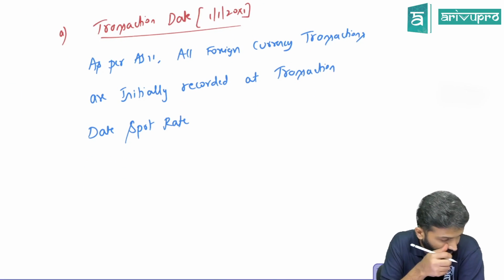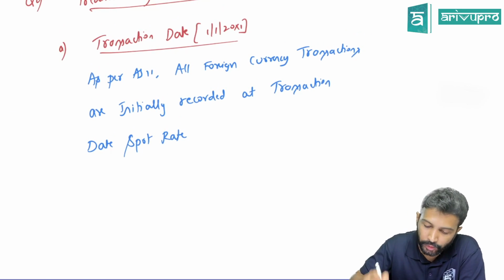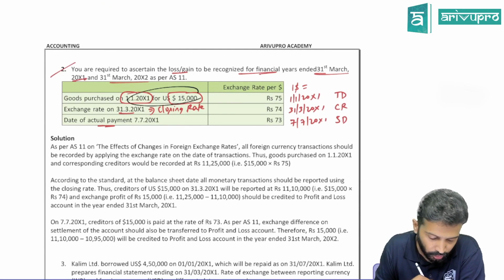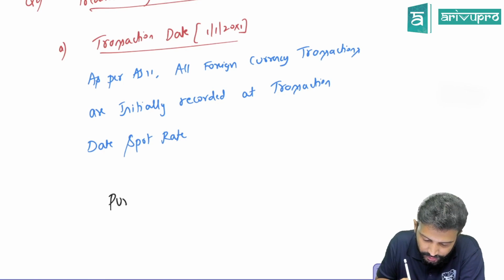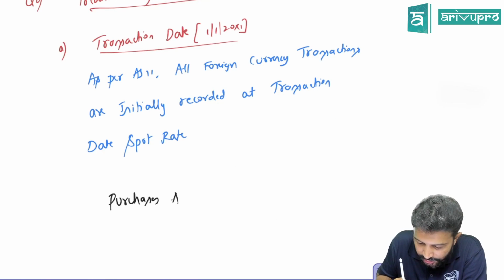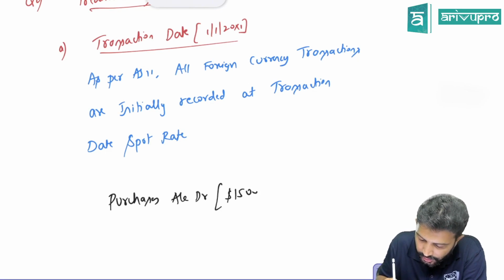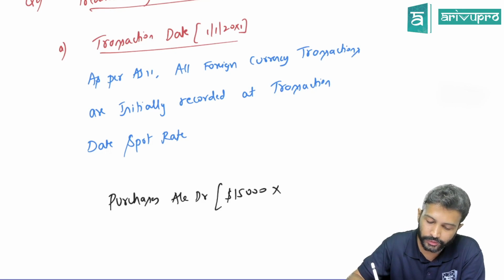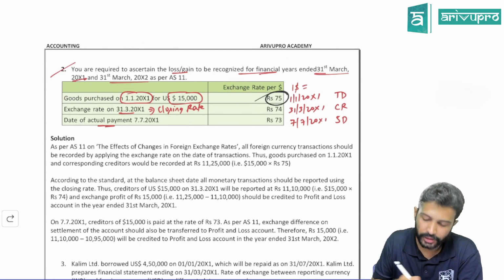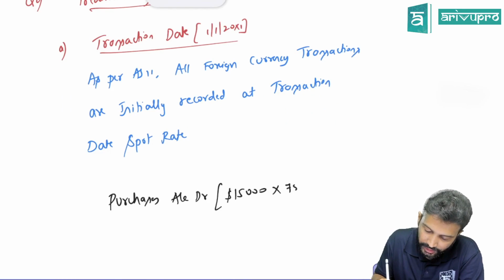Now tell me, what is the journal entry then? What have you done on 1st January? You have purchased the goods. What is the journal entry for purchases? Purchases account debit. What is the dollar value of the goods you purchased? $15,000. And on 1st January, what is the exchange rate? $1 was equal to 75 rupees.